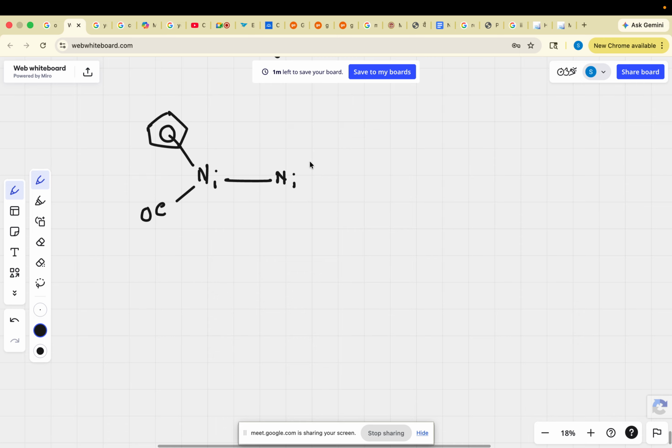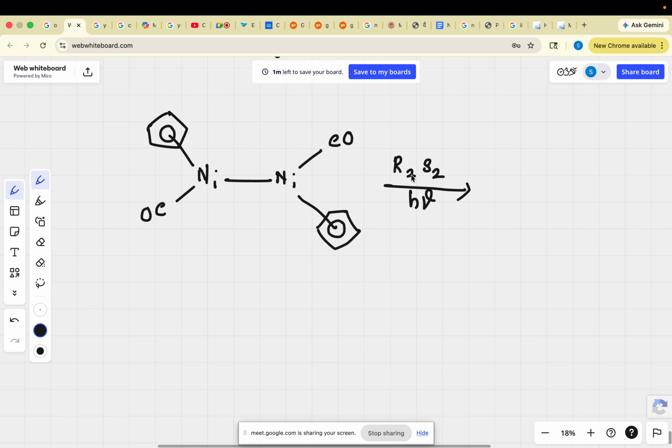This side also you have nickel. Now suppose in presence of this R2S2 and H nu, what will happen?